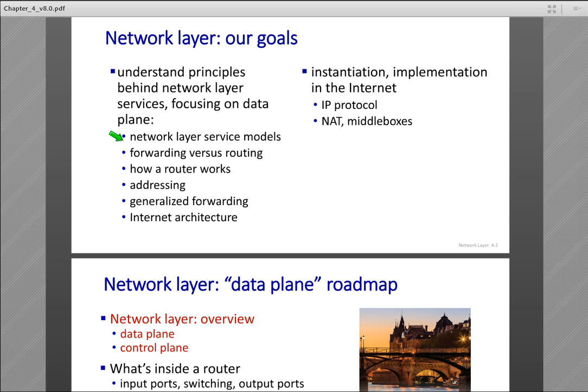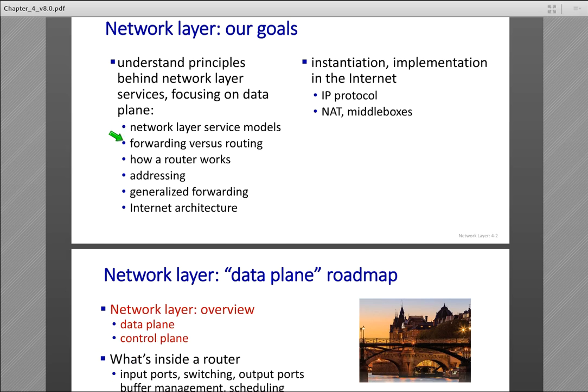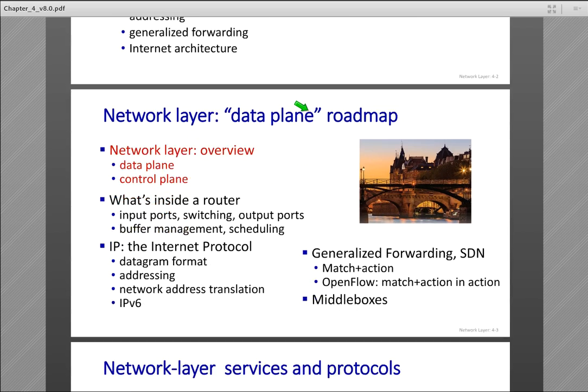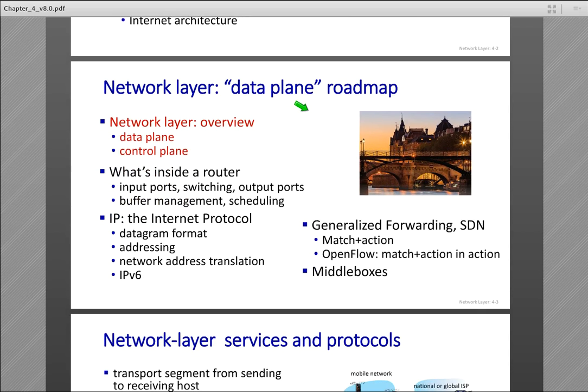Physical, data link, and the 3rd one is the network layer. Okay, here we want to talk about the network layer service models, forwarding versus routing, how a router works, addressing, generalized forwarding, internet architecture, and something like that. Talking about IP protocols and how we can use NAT in this layer.